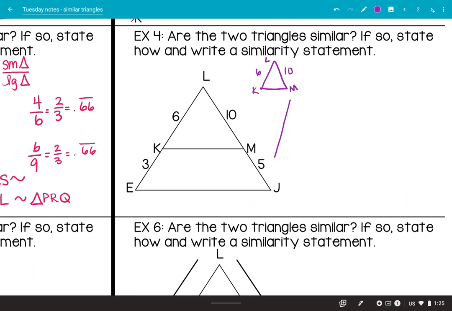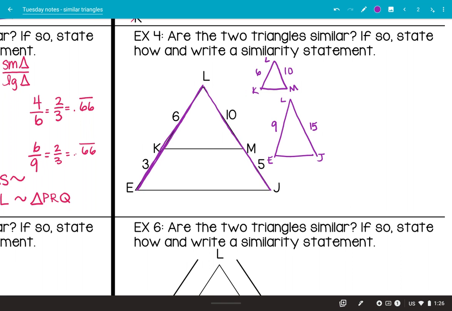Then I'm going to take the large triangle, L, E, J. Now, L to E is this whole length, and to find the whole length, I'm adding up the 3 and 6, so it's going to be 9. And the L to the J, I'm going to add them up, and that will be 15. And now it's much easier to see how they are.